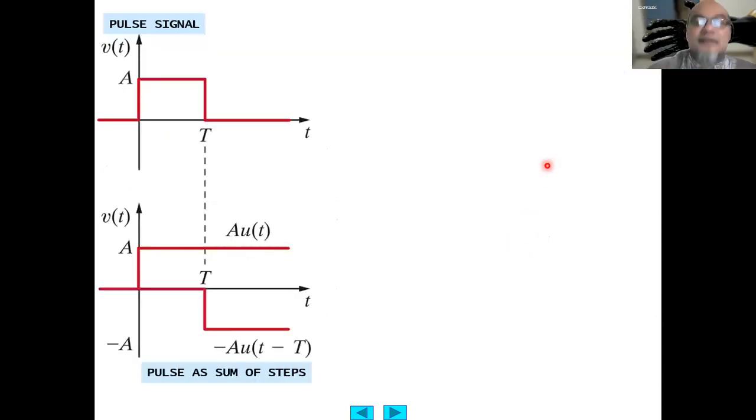Okay, a pulse signal can be approximated as a combination of several step functions. For example, if we have a pulse signal which occurs between t equal to 0 until t equals capital T, basically this is a combination of u(t) minus, if the amplitude is A, then A u(t).